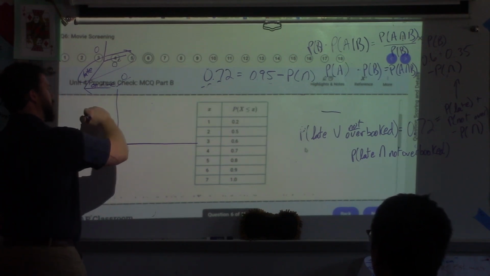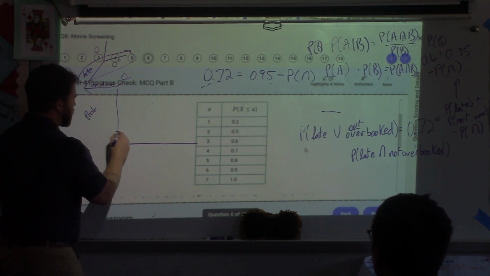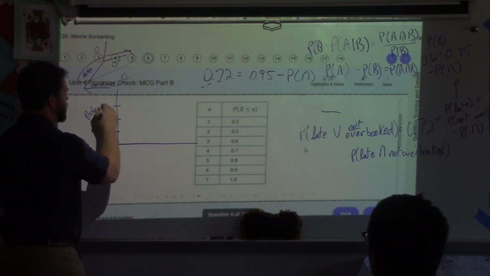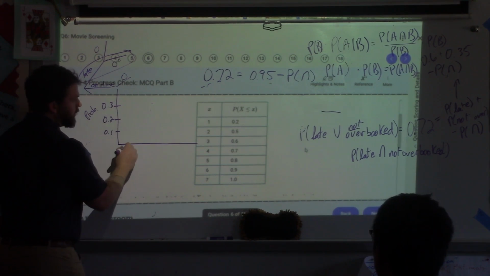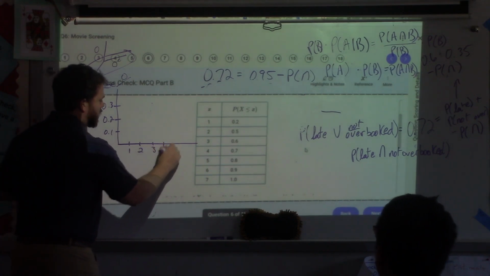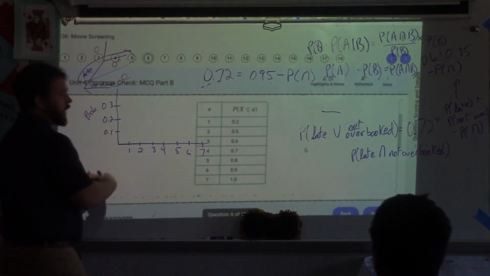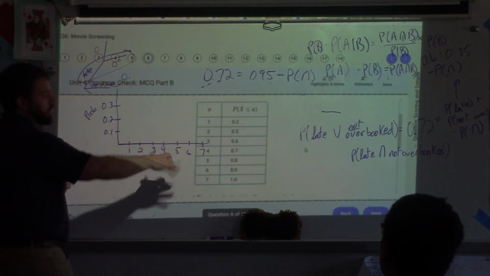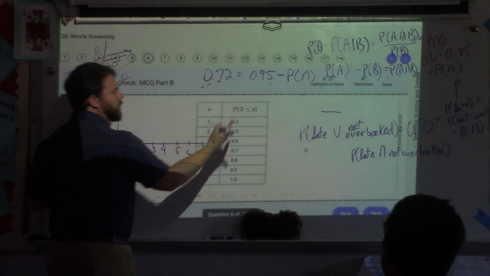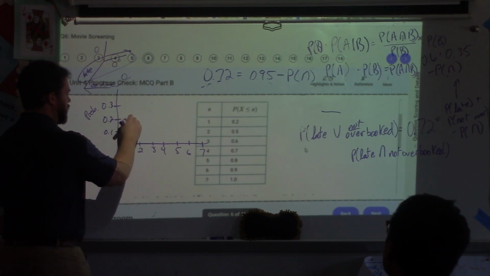So probability over here, I think 0.1, 0.2. I don't think it goes higher than that, we'll see. And then we've got 1, 2, 3, 4, 5, 6, 7. How do we know, by the way, that it's cumulative? Because it adds up to 1.